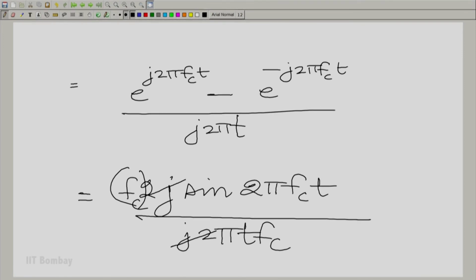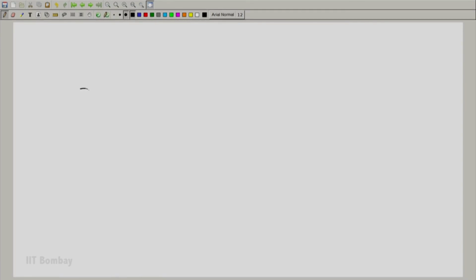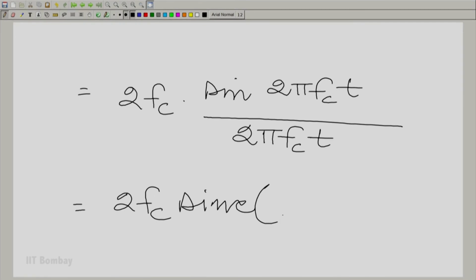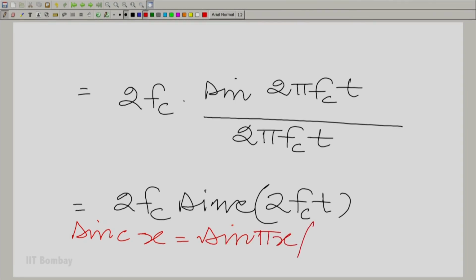That gives us essentially 2fc times sine 2 pi fct divided by 2 pi fct, and that is essentially 2fc times what is called sinc. You know how to write sinc. So, sinc 2fct. You will recall that sinc x is essentially sine pi x by pi x. So, we have derived this impulse response here.